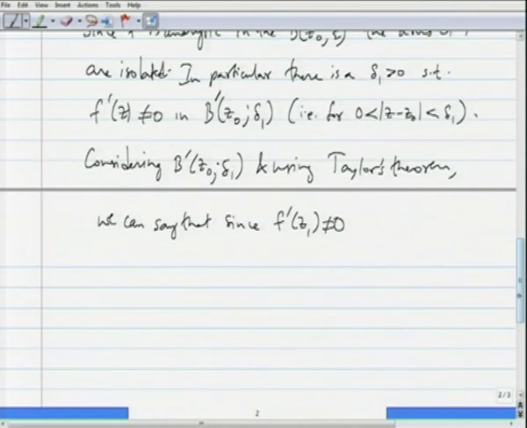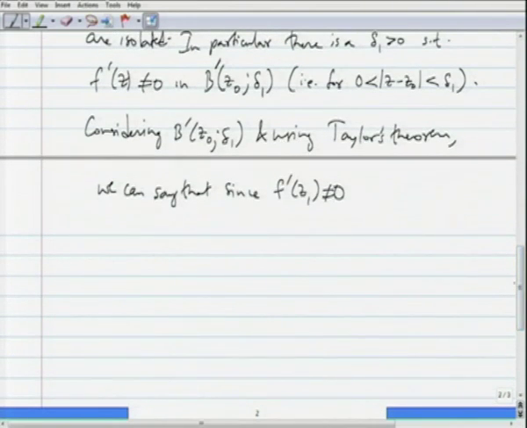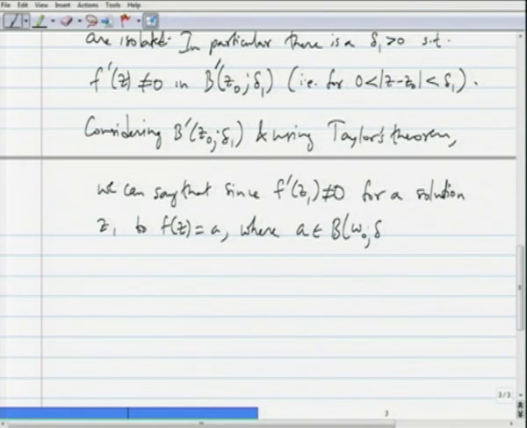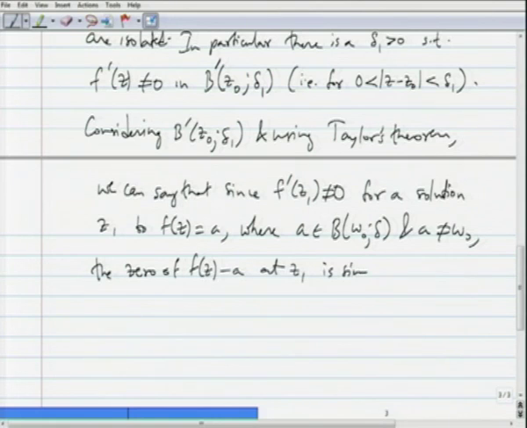Okay. So, we can say that since f prime of z 1 is not equal to 0, for a solution z 1, okay, to f of z is equal to a, where a belongs to the delta neighborhood of w naught, okay, and a not equal to w naught. Okay. The 0 of f of z minus a at z 1, okay, is simple.